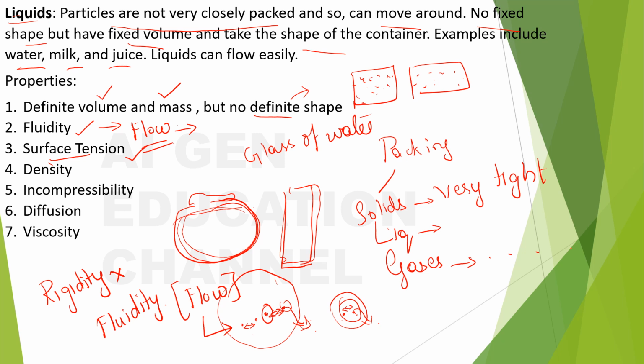Liquids have surface tension. That is the point that will be important for your Olympiads. All these details I have added for Olympiads. In your academics, you won't have this. You can be very happy if you know that they can flow, and if you can say that they are incompressible, that is enough.